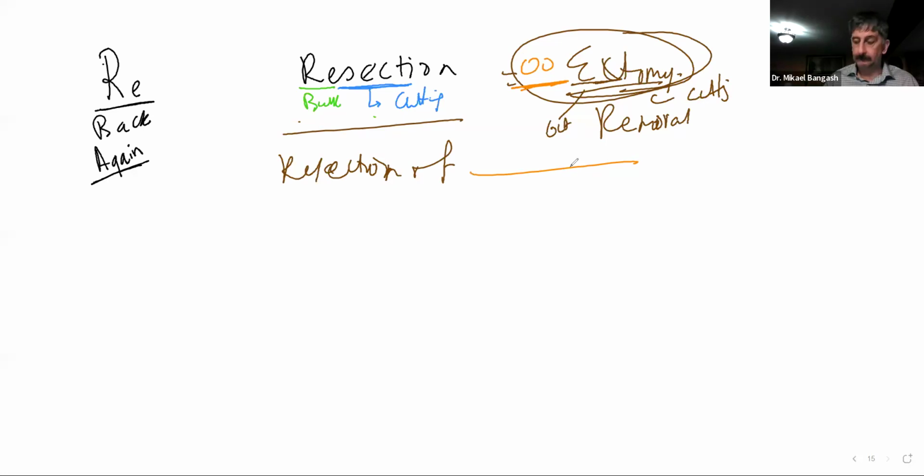Did you guys get that? Resection just literally means the same as ectomy or removal of.